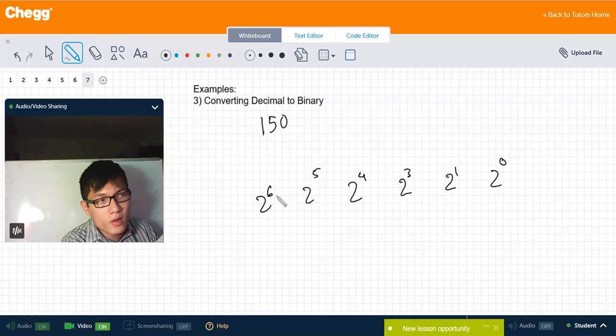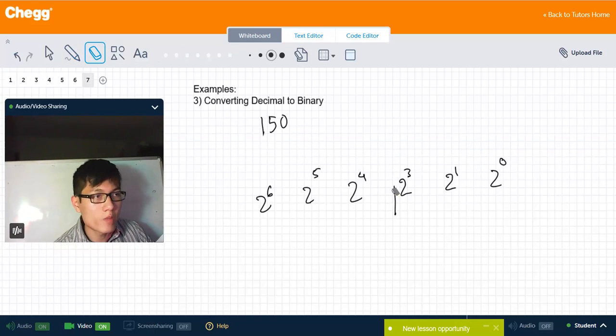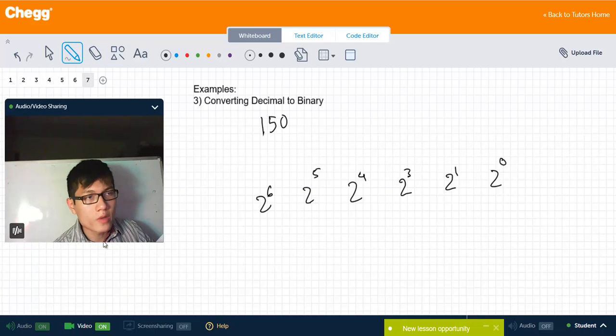You want the leftmost bit that has a value close to 150. Because if you choose to stop right here with only 3 bits, then 2 to the 3 is 8 plus 2 is 10 plus 1 is 11, and 11 is much less than 150. So you have to extend the bits all the way to the left.